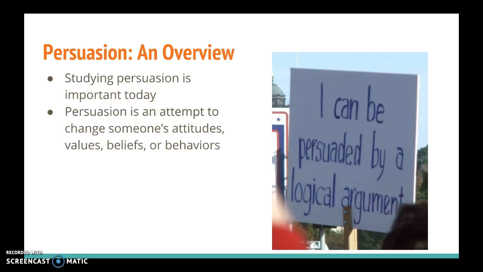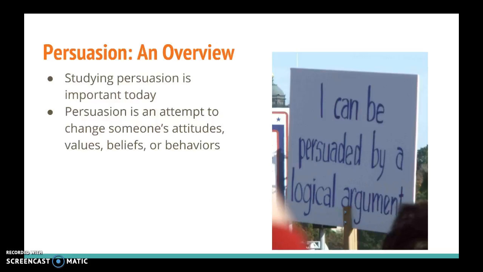And if we are trying to change someone's beliefs, we are trying to change a position that a person holds. Whether that position is true or false. And various different beliefs are going to be easier or harder to change than some others.